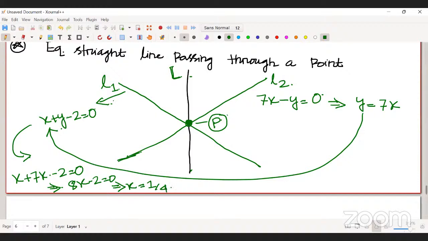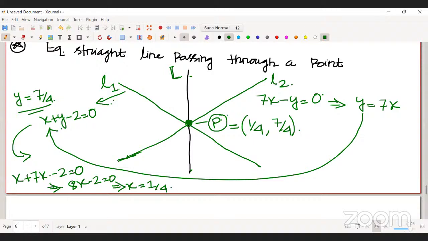If x equal to 1 by 4, I need to find the value of y. So y is 7 by 4. The coordinates of P are 1 by 4 and 7 by 4, which is the intersection point of L1 and L2.